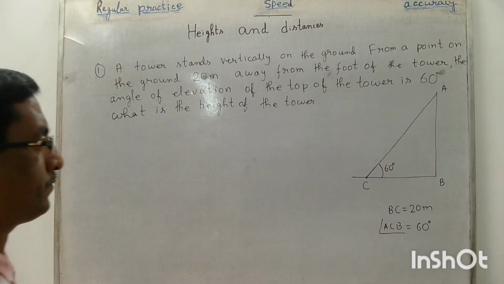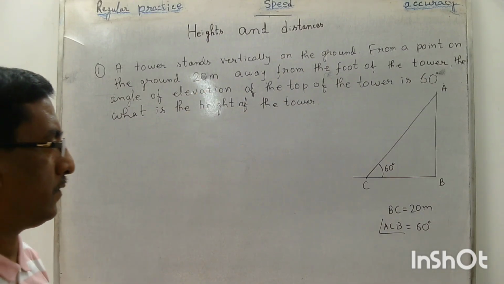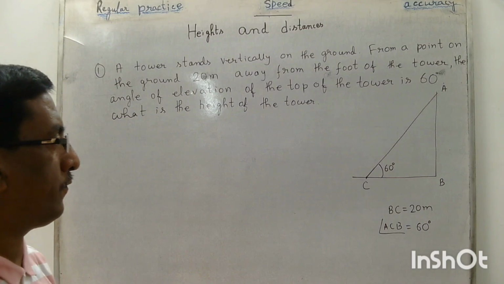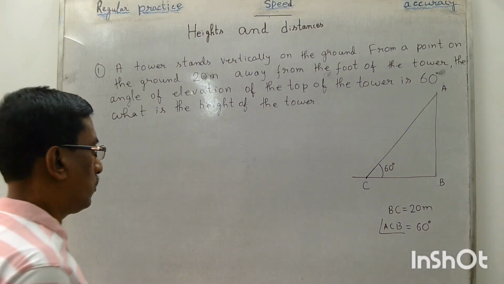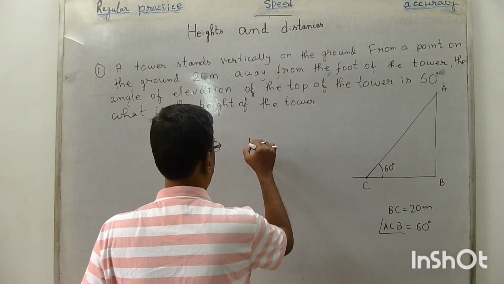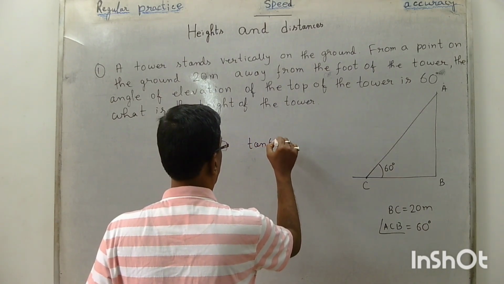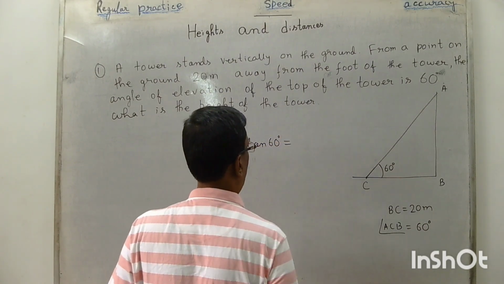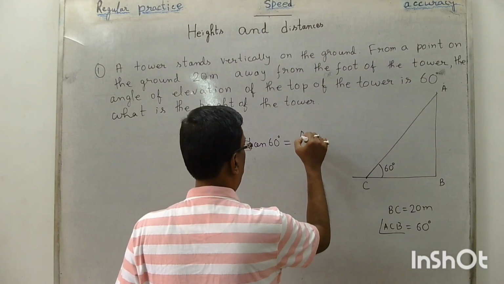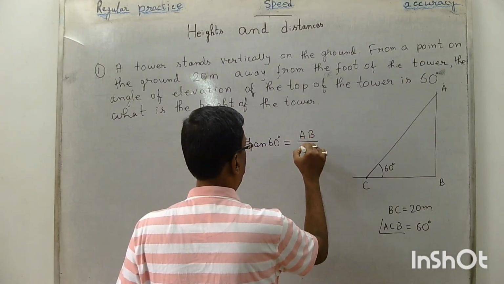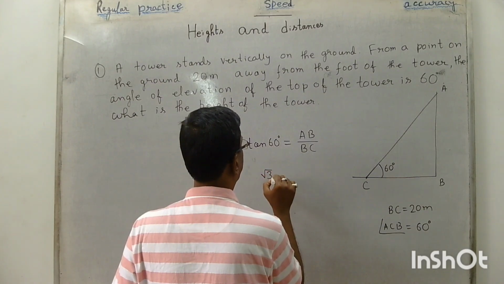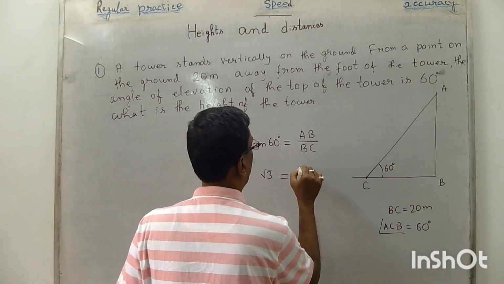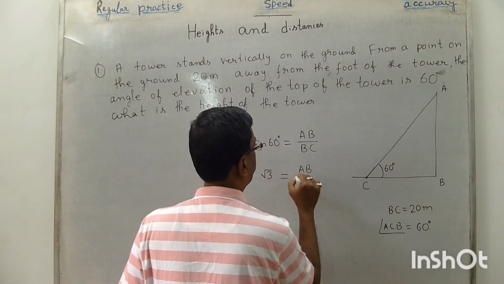You know that perpendicular and base, these two sides of the right angle triangle, relate to tangent. So tan 60 equals AB by BC. Root 3 equals AB by 20.